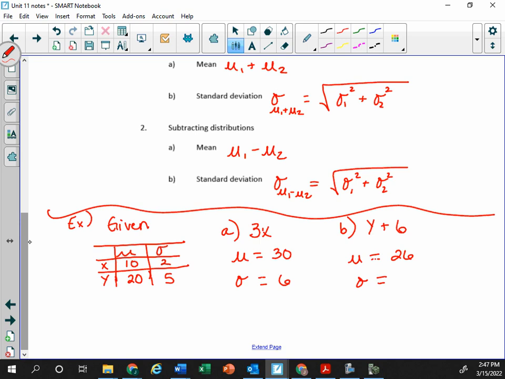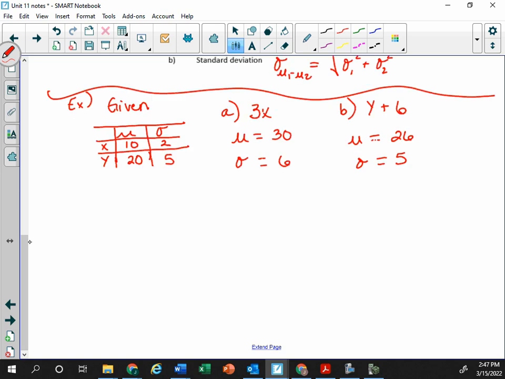And sigma is 5. Remember, if we shift by 6, we just increase it all by 6. That doesn't change your spread at all. So that was the original sigma for y, right? Yes, because it doesn't change. You're fine. I'd much rather have you ask than sit there going, why?